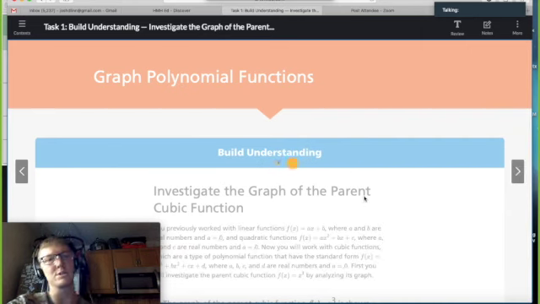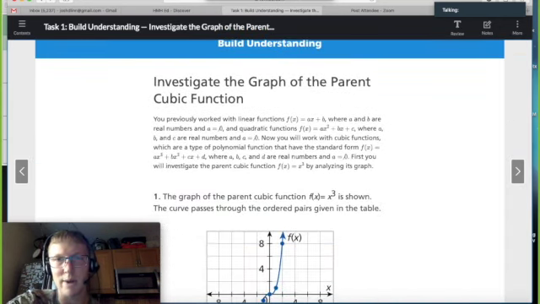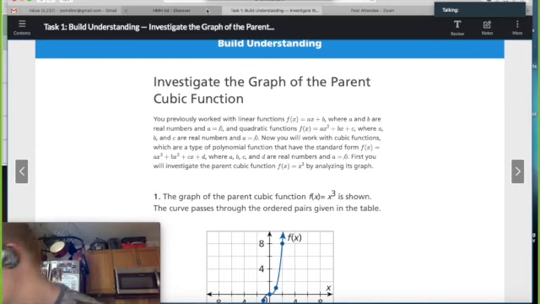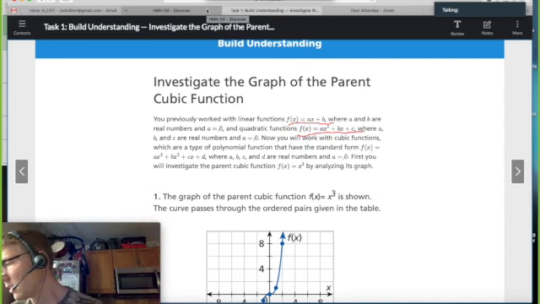So as always, we're going to start with the parent function. And in this, we've already talked about ax plus b, that's our line, ax squared, and all this stuff. That's a normal parabola. And here we are with an x cubed.